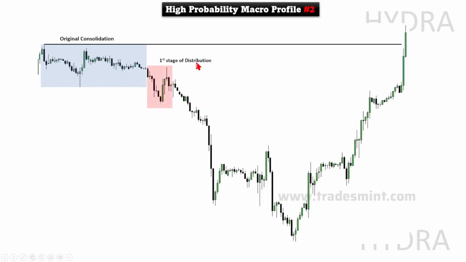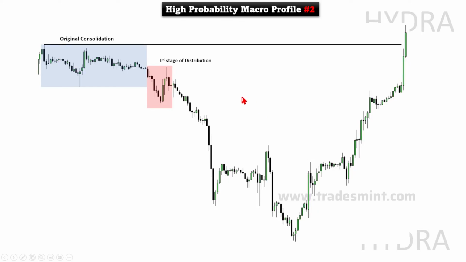So this is our first stage of distribution. Once price goes below this original consolidation and then retraces, as soon as you see it, this is our first stage of distribution. And don't worry about it, you are not spotting it live, you are spotting in hindsight. And that's why it will become easier when you are trading live in this market condition.